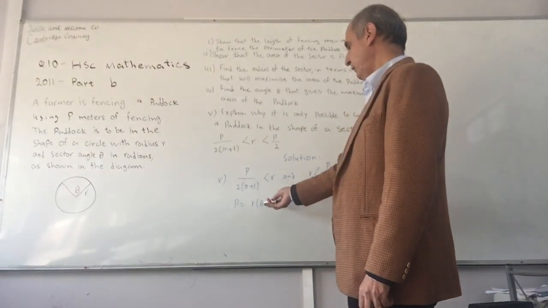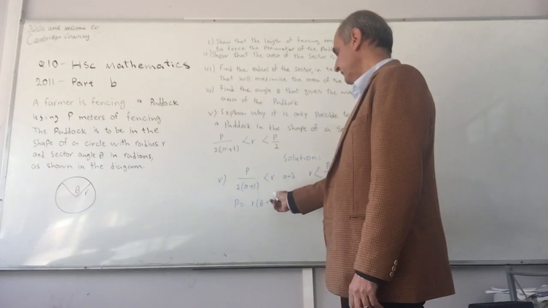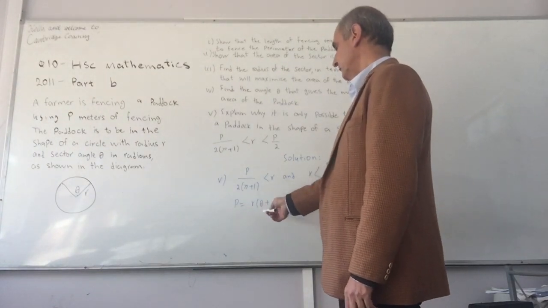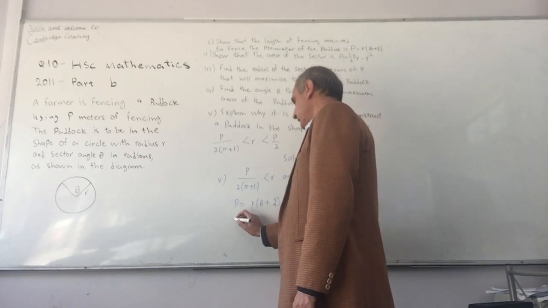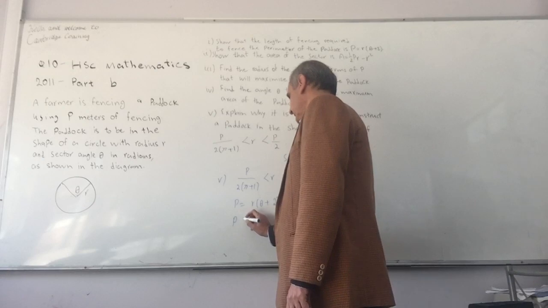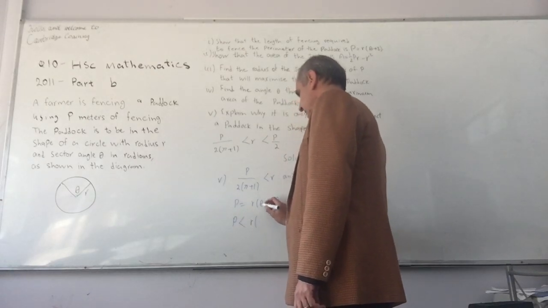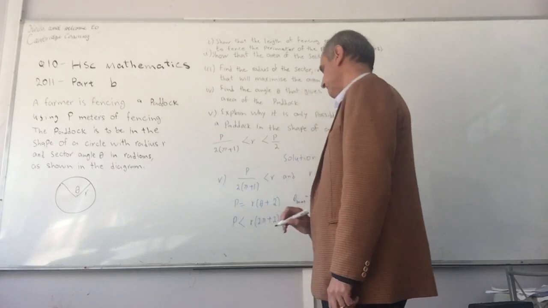So if I put 2 pi here, P must be less than that, because then this becomes the greatest possible value in terms of practicality of having a sector. So then P is less than R, in place of theta putting 2 pi, 2 pi plus 2.